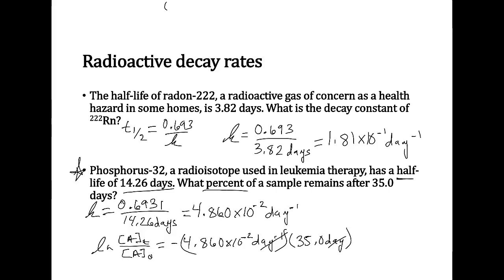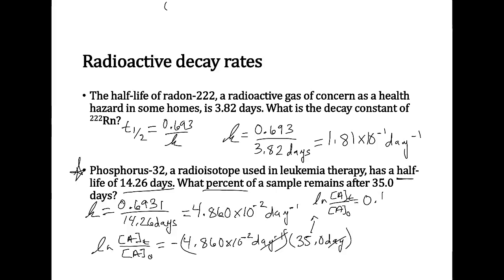And we end up with the natural log of A sub t over A sub naught equaling something. Actually, let's just go ahead and get rid of this natural log here.